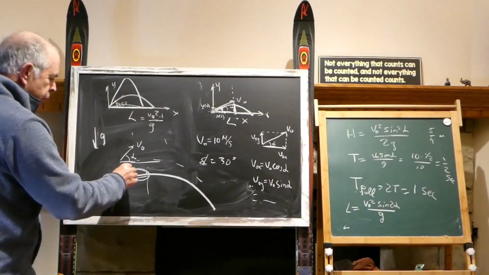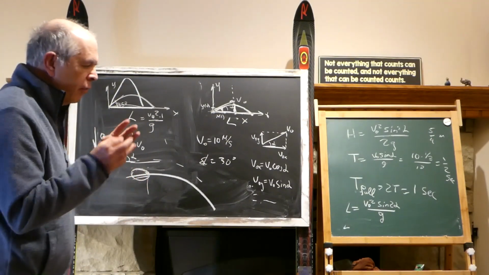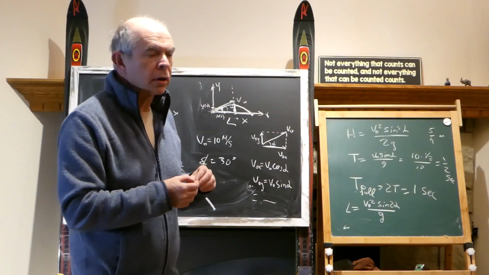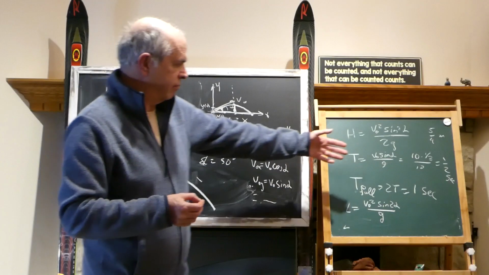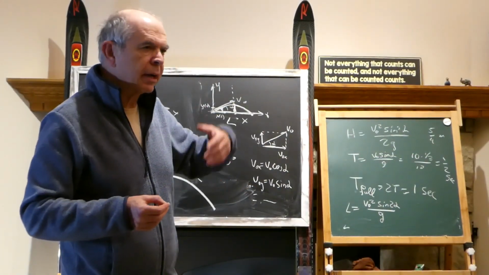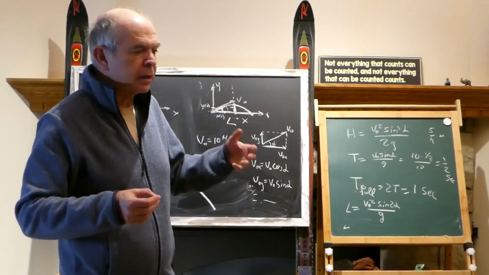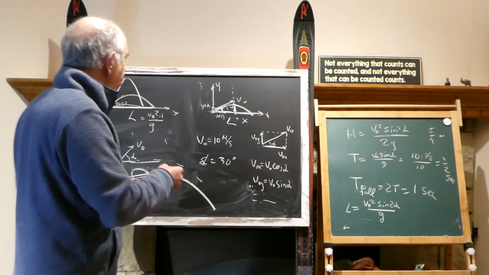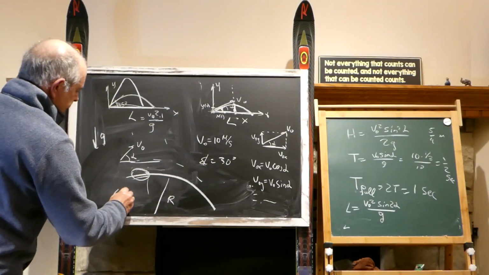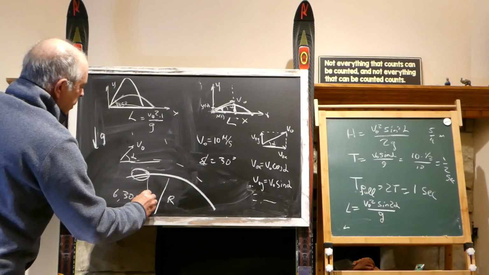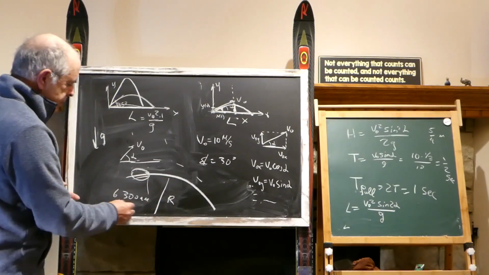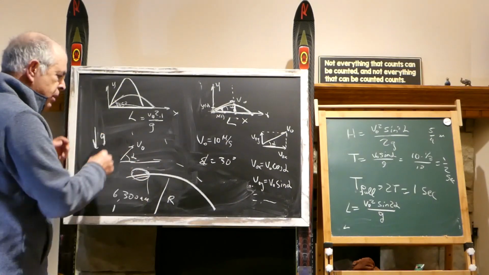G is constant when we can approximate a very small area where all the process is going on. In our numbers it was meters. If you throw something bigger, like a cannonball, it would be a kilometer, 5 kilometers. Still very small compared to the radius of the Earth. The radius of the Earth is 6,300 kilometers. So even 1 kilometer is negligibly small, and we can assume that G is constant.